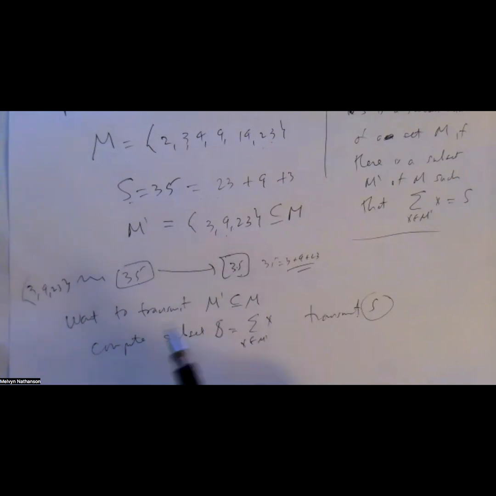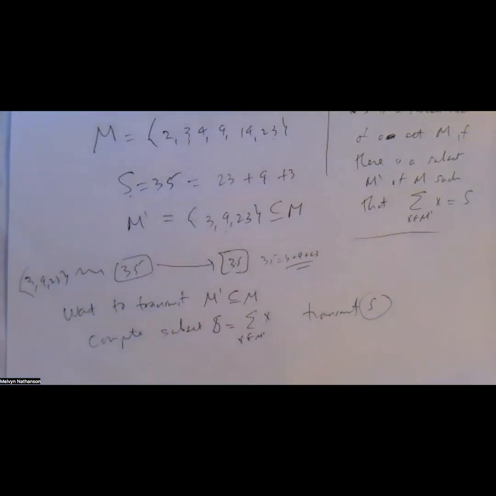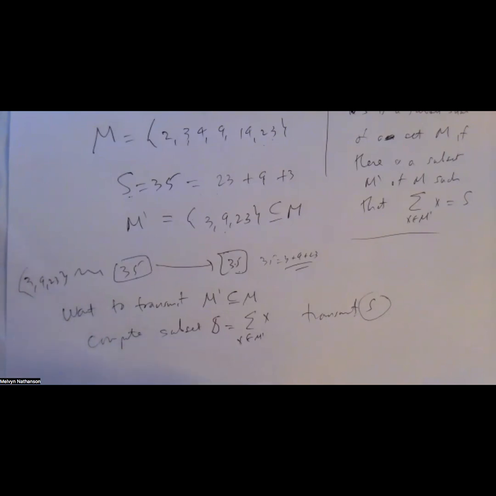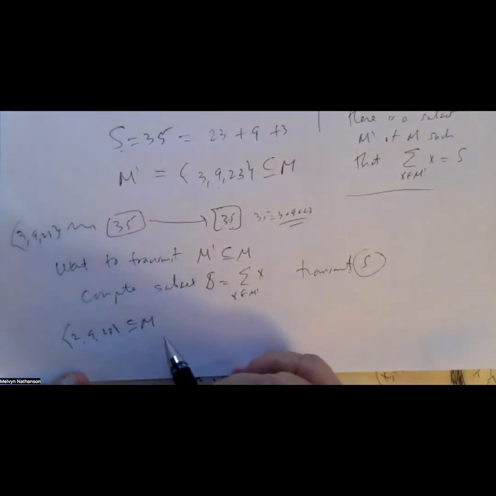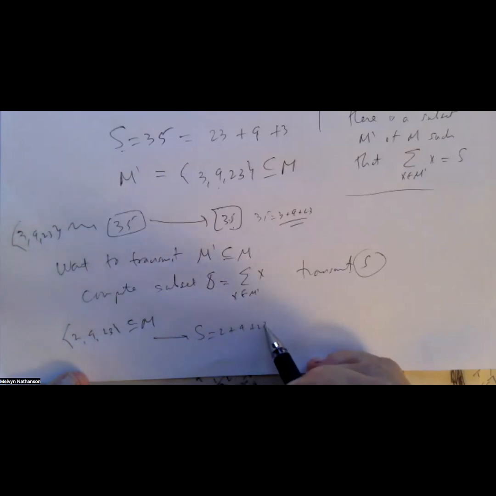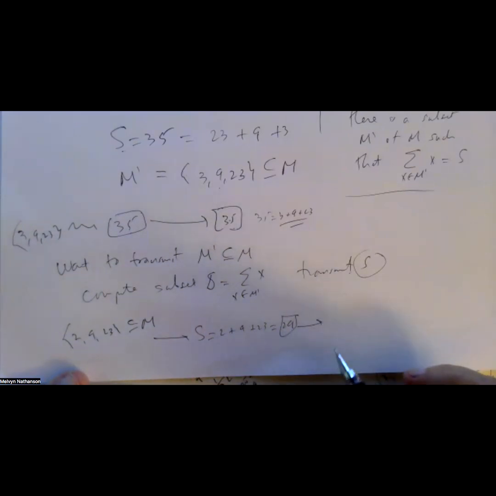adds up to 35. For example, suppose instead of 35, suppose we took the set 2, 4, and 23. That's contained in M. The subset sum corresponding to this S is 2 plus 4 plus 23. That's 29. So that's the number we send. And the person who receives it wants to find the subset that added up to 29.